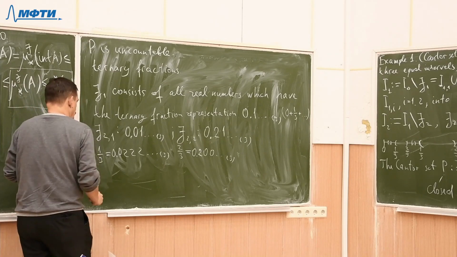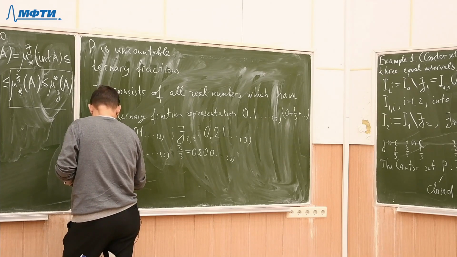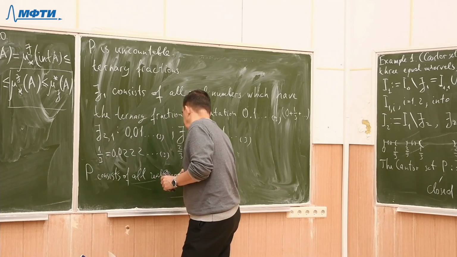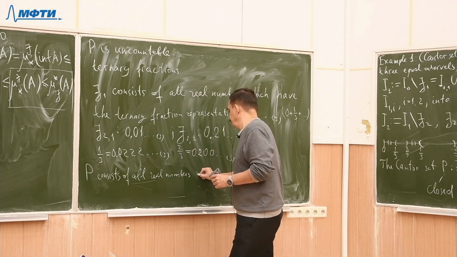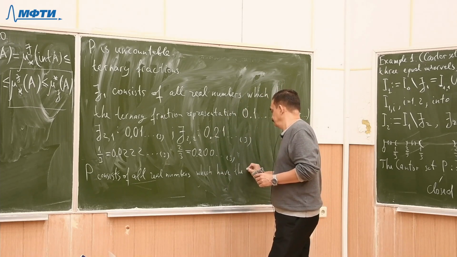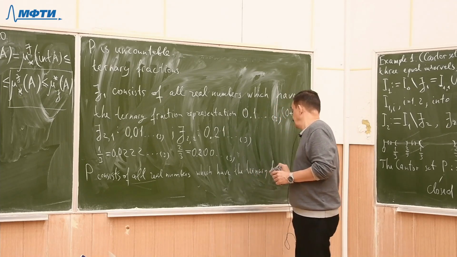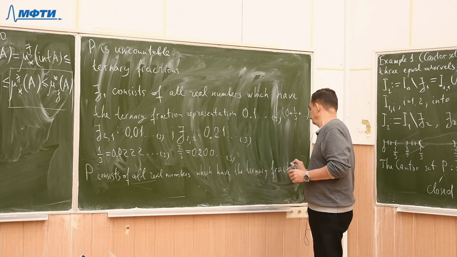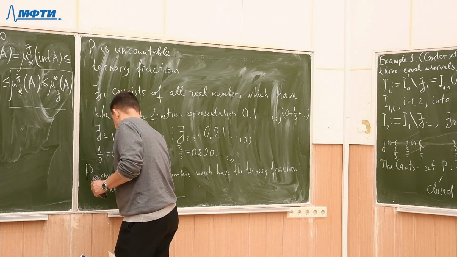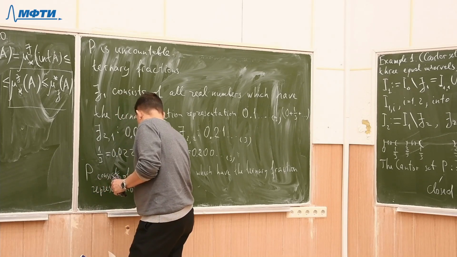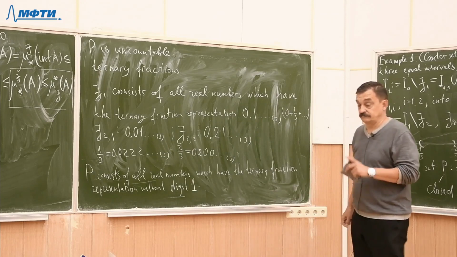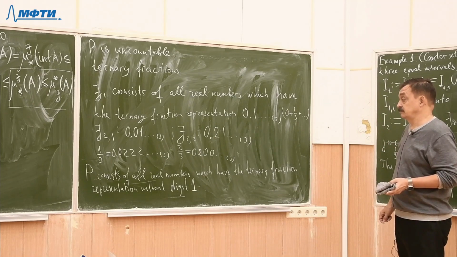So P consists of all real numbers in 0, 1 which have the ternary fraction representation without digit 1.